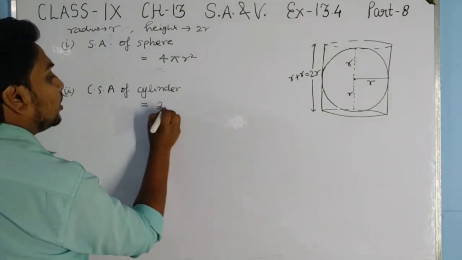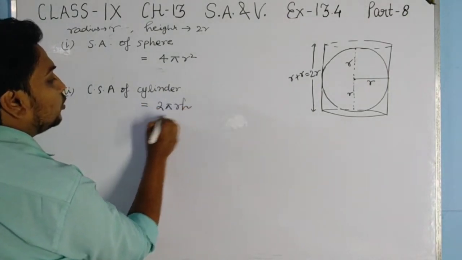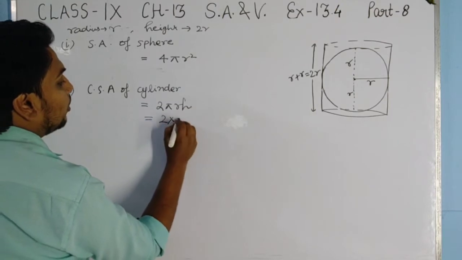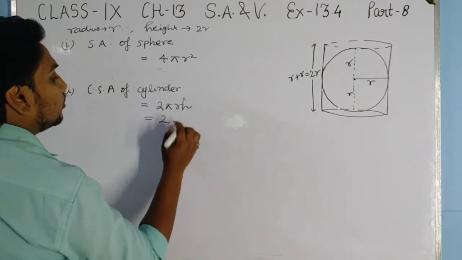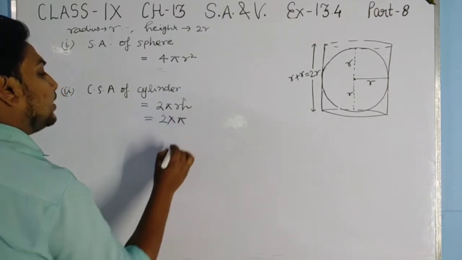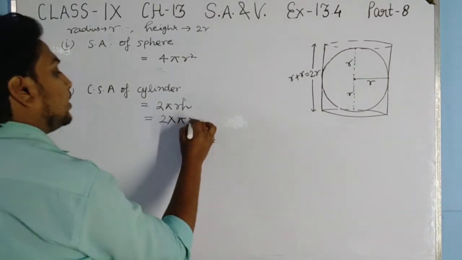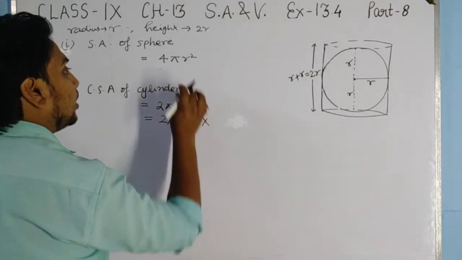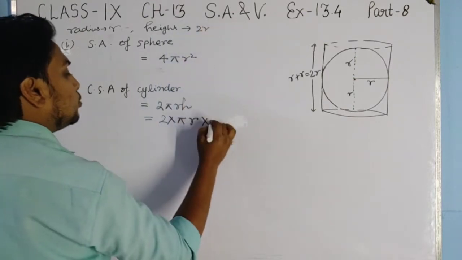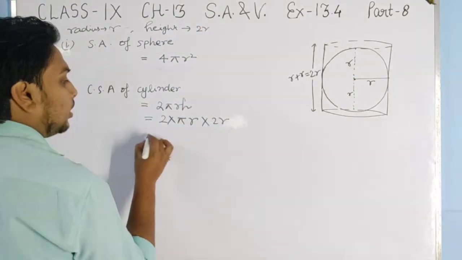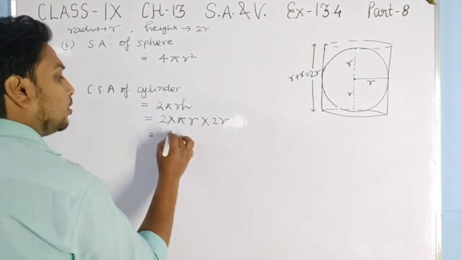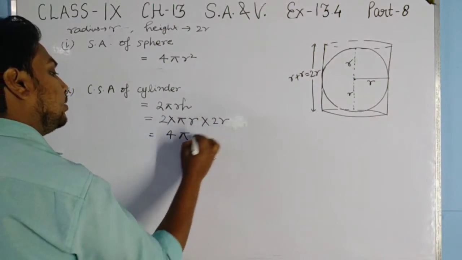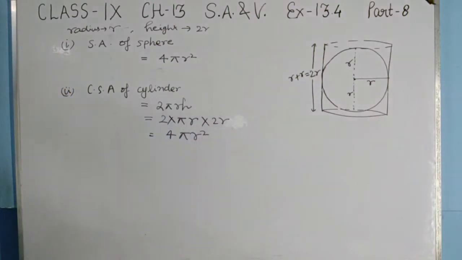We know the formula that the curved surface area of the cylinder is 2 pi r h. Here r is the radius r, and h is the height, 2r. So 2 2s are 4 pi r into r, it is r square. When you solve it, you will get 4 pi r square.